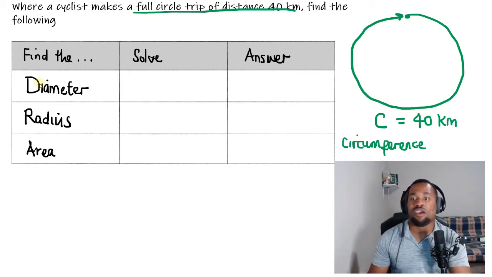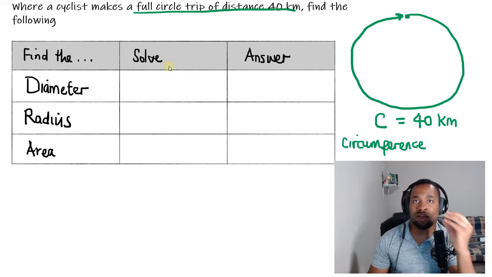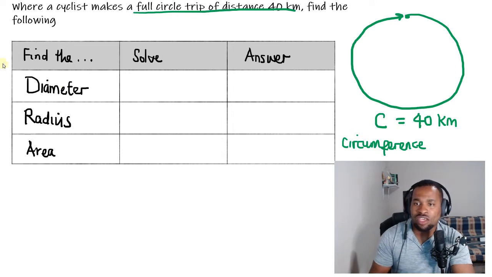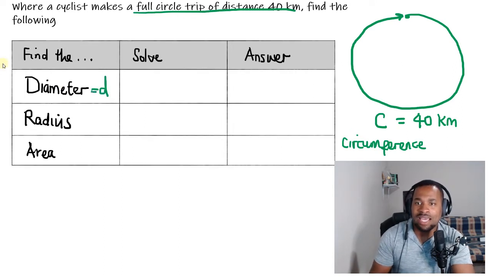In this case, we're asked to determine the diameter given the circumference. To solve it, we need to remember the formulas. Pick the formula that has the specific variable and requires you to determine the unknown variable. The diameter is represented as D, the total distance from one end of a circle going through the center to the other end.